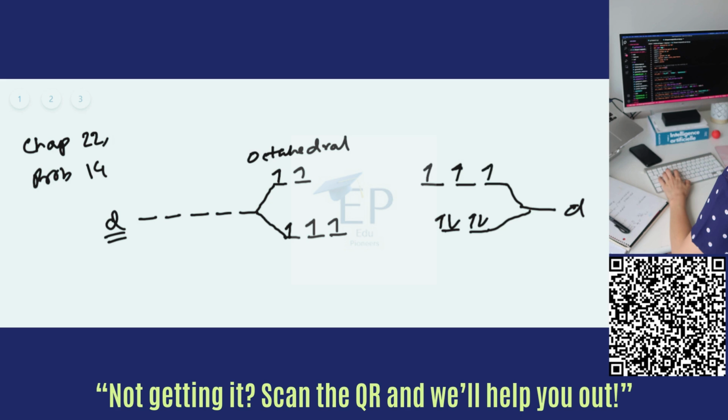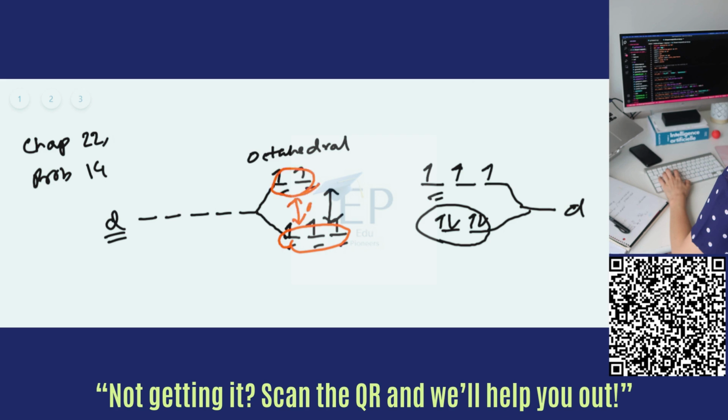So whether they will first go one at a time in each orbital, or whether they will first fill up the lower energy level and then go to the upper one, this actually depends on the electric field strength of the ligand. So if the ligand is of a strong field, it will cause a higher energy difference between the lower energy level orbitals and the higher energy level orbitals.